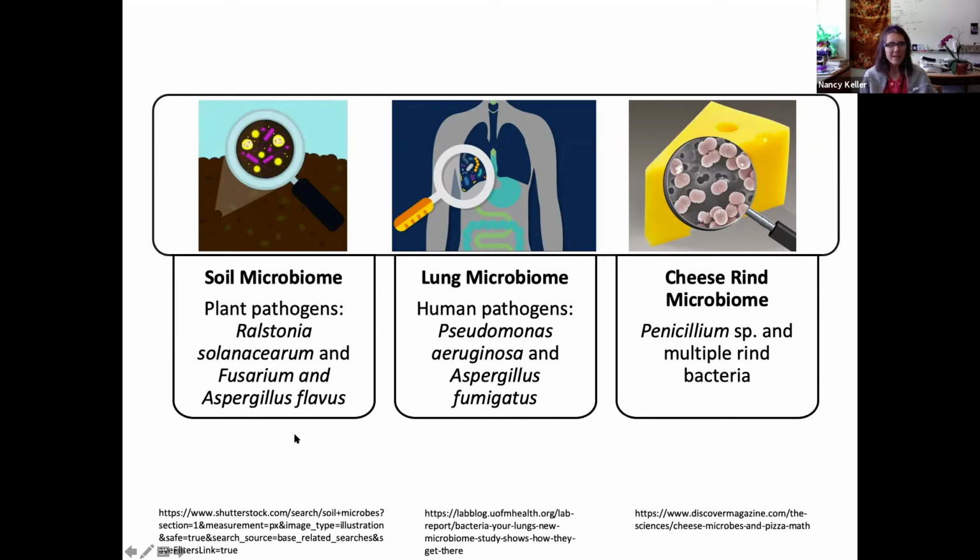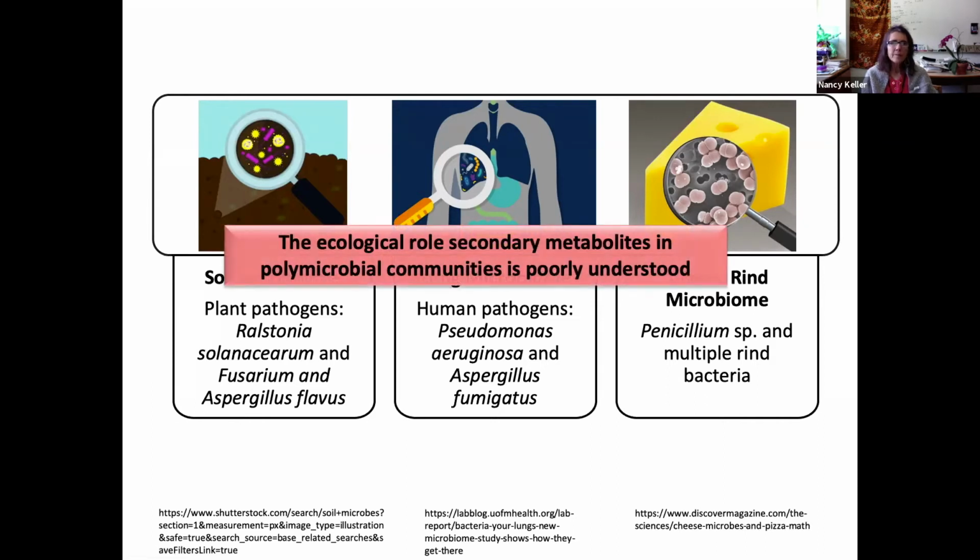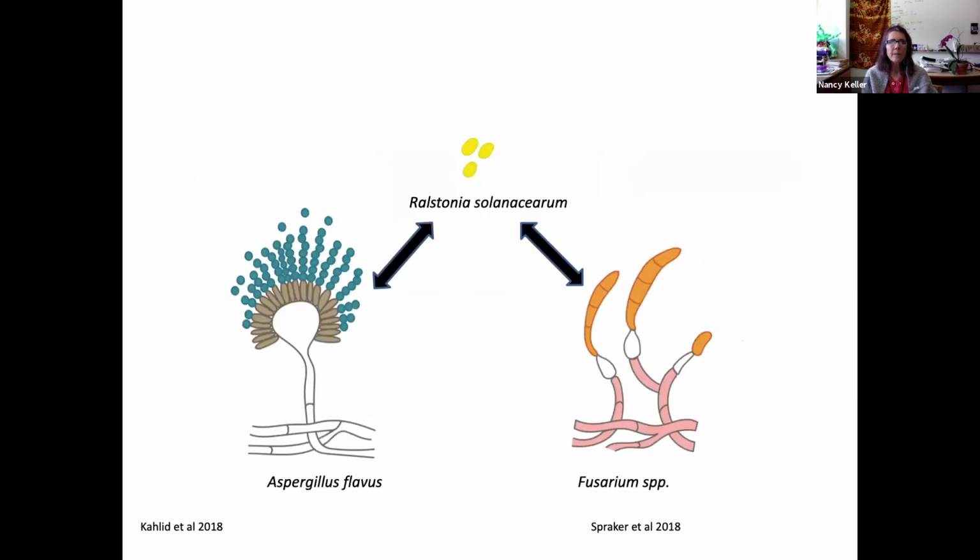So how did this get started? We're looking at a bacterium called Ralstonia solanacearum, a very famous wilt pathogen of many plants, and then the mycotoxin producing Fusarium and Aspergillus strains. Okay. So this story actually started a little accidentally, as many studies do.